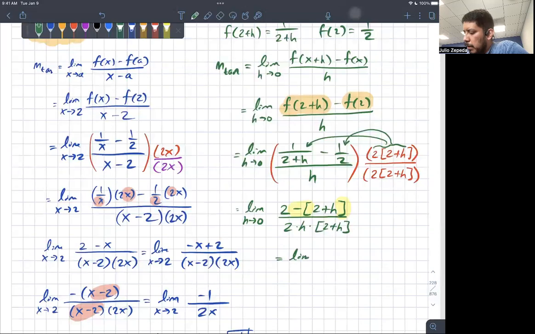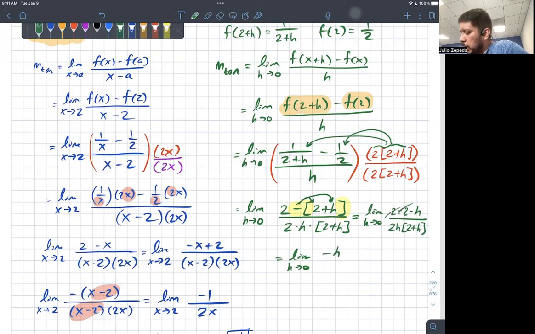We have the limit as h approaches 0 of, let me write it actually up above so I can do this small simplification here. If I distribute this negative, we get in the numerator 2 minus 2 minus h over 2h times 2 plus h. 2 minus 2, of course, those two would cancel.